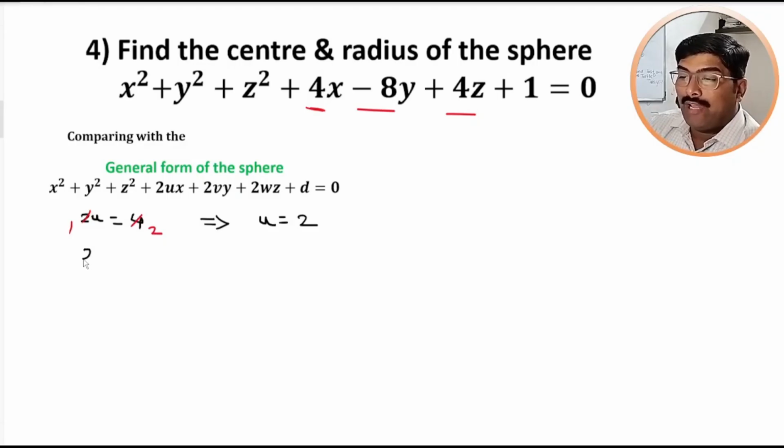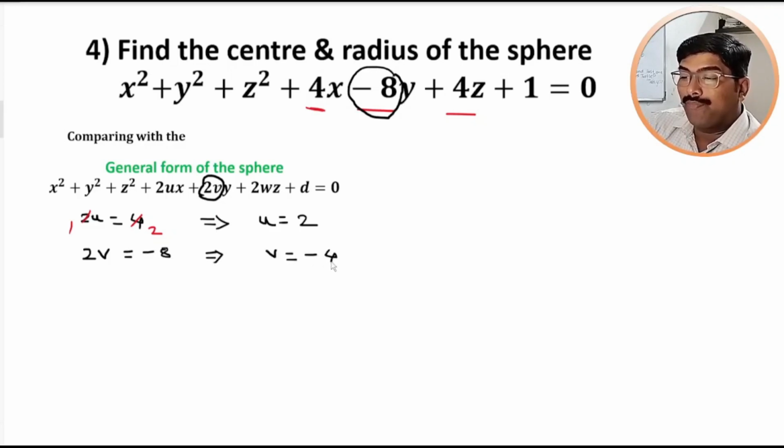Similarly, the value of 2v is equal to, so this is the coefficient of y. The coefficient of y in the formula is 2v. I have written that is equal to, in the given equation the coefficient of y is minus 8. So we can write it as minus 8. That implies the value for v is equal to minus 4.